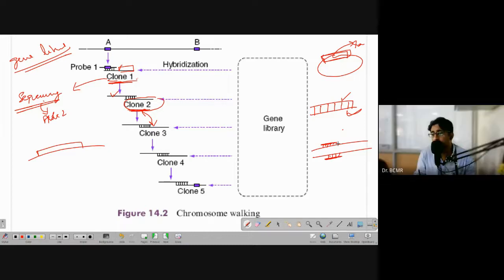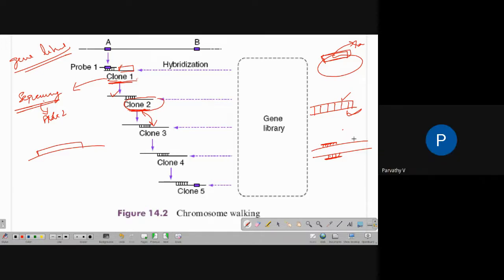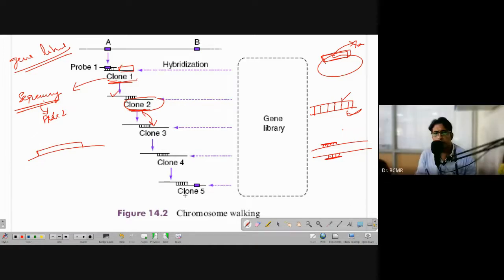Do we add the denatured DNA of clone 1 over there, like send it as two different strands and then see where it is going and binding? Usually, I removed one of the slides because I thought it was too much. During hybridization, we maintain something called stringent conditions, in which temperature is also a factor.